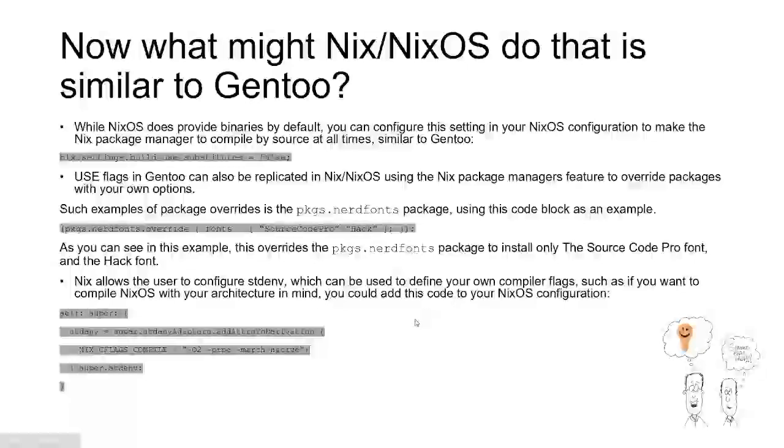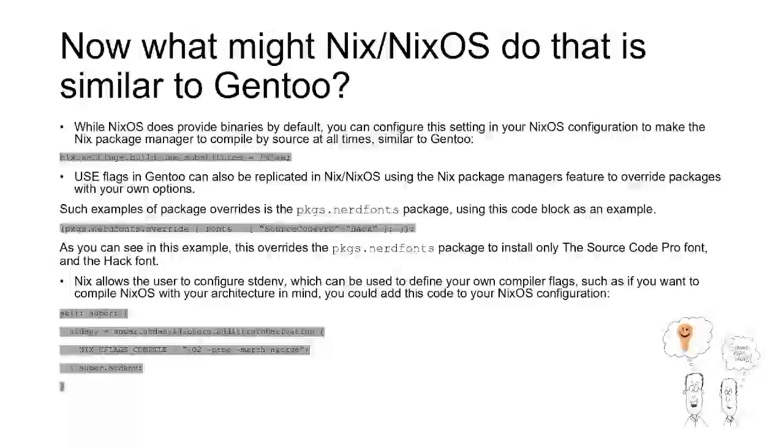And then we get to compiler flags, because as mentioned previously, we kind of need compiler flags to be more like Gentoo. Nix allows the user to configure the standard environment. The standard environment is a set of options that can be used to make packages in NixOS. So if you want to make a derivation, you can run stdenv.mkDerivation to make your own package with potentially your own overrides.